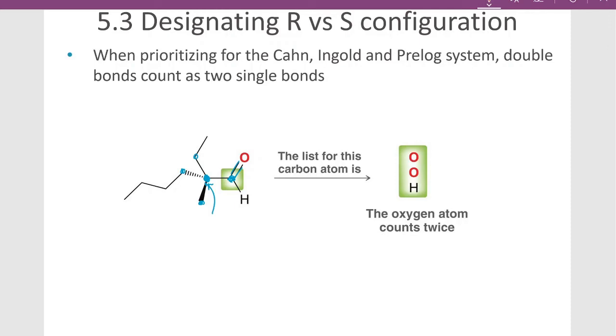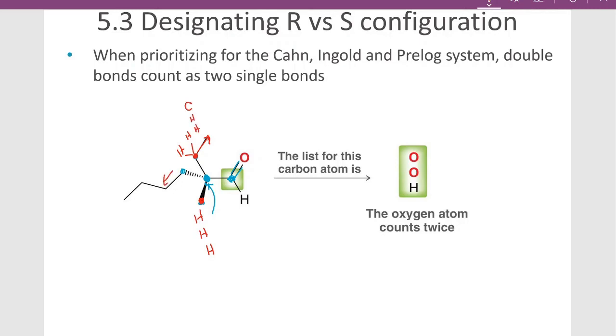Moving this way, this carbon has hydrogen, hydrogen, hydrogen. Moving this way, this carbon has the carbon that's attached over here, plus hydrogen, hydrogen. So that's carbon, hydrogen, hydrogen.